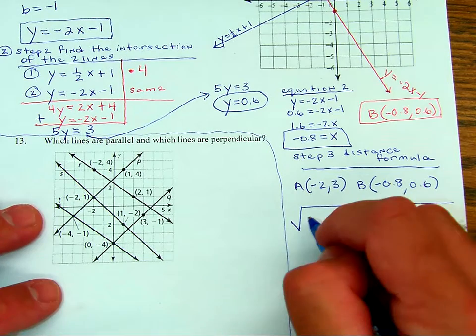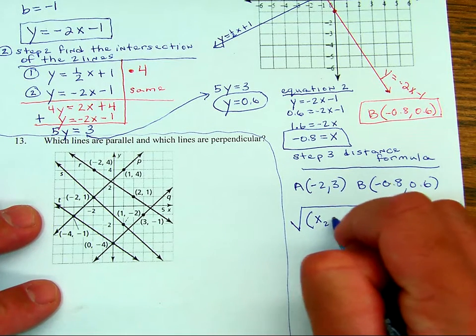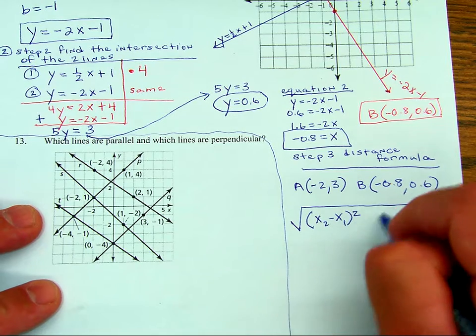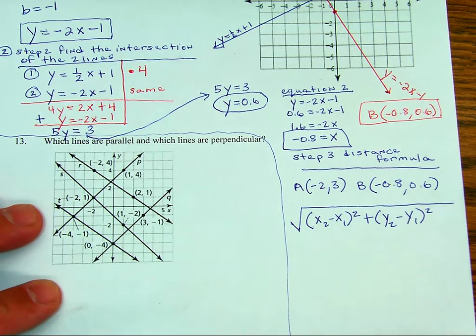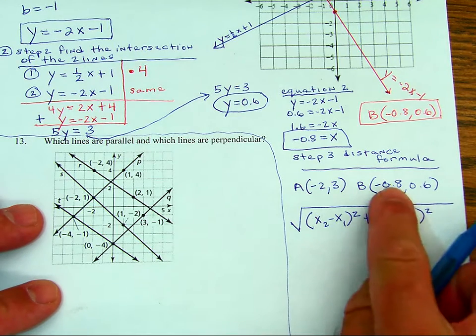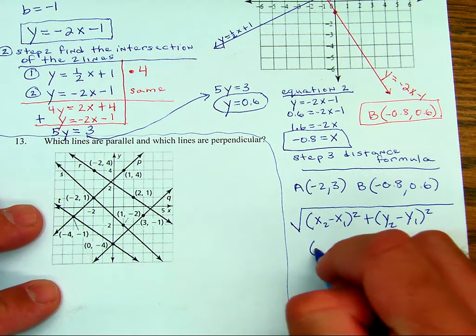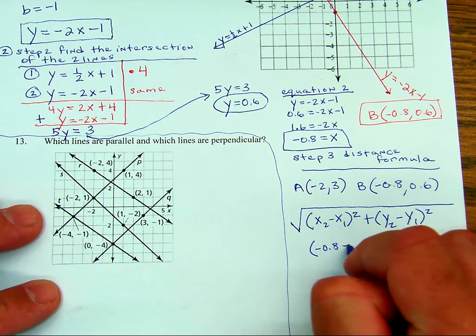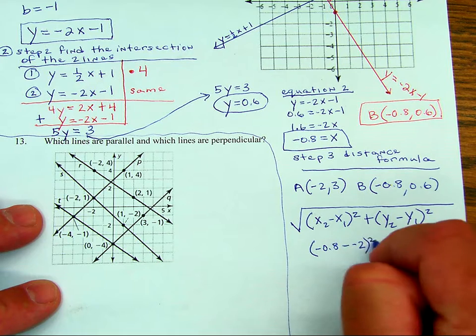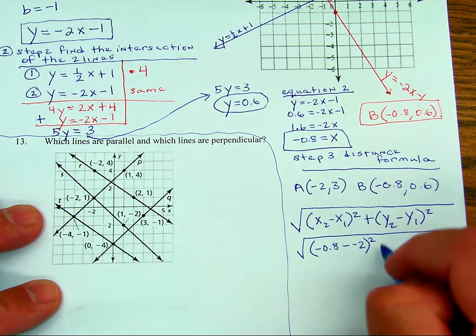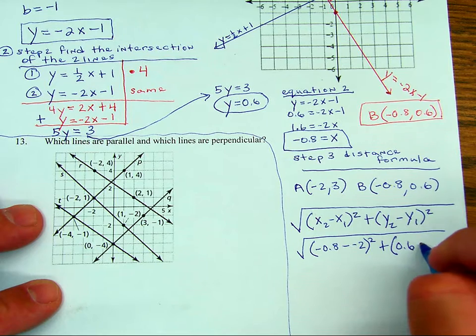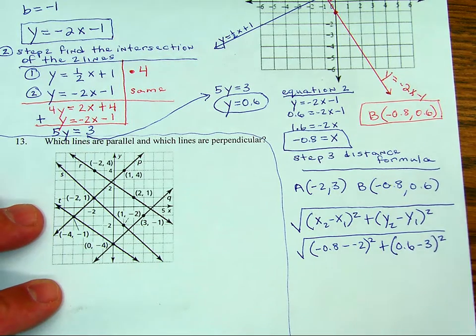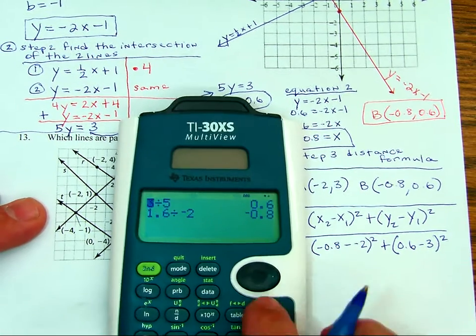So the distance formula was x2 minus x1 squared plus y2 minus y1 squared. And so it's x subtract x, negative 0.8 subtract negative 2 squared, plus y subtract y, 0.6 subtract 3 squared. I'm going to use my calculator.